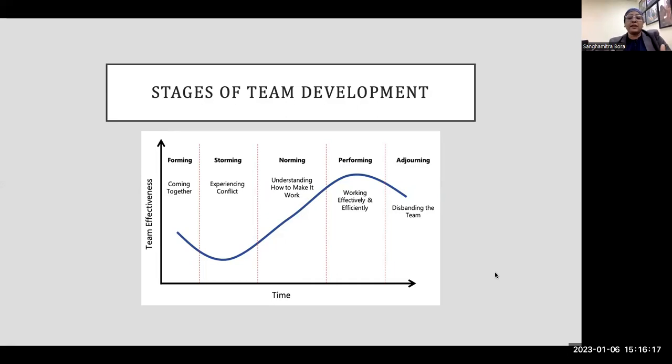Now, what happens is that they slowly start experiencing some kind of conflict. They start disagreeing on matters which might be very trivial, very minimal. But then the conflicts would pile up, and it would give a picture where they really don't want to be together.